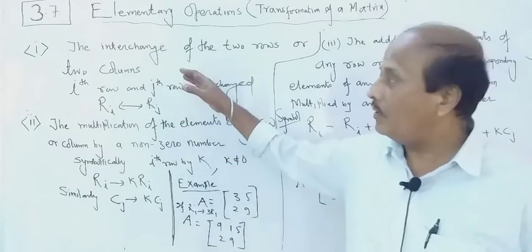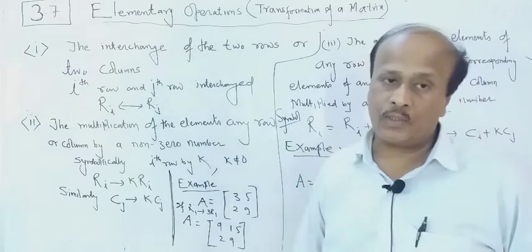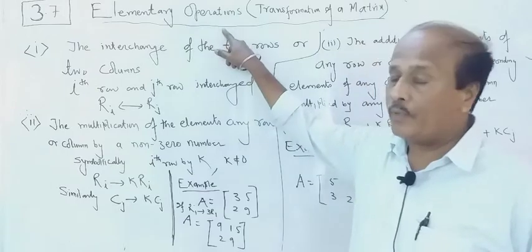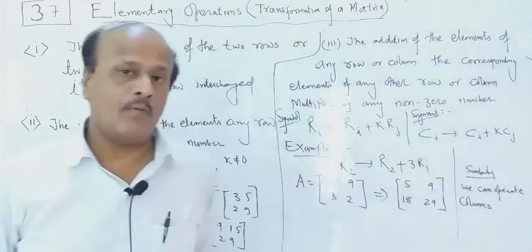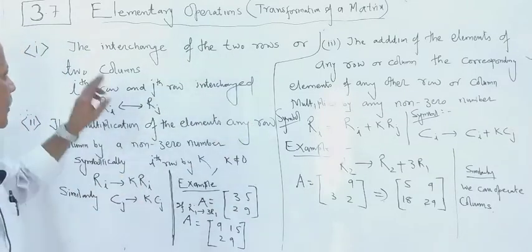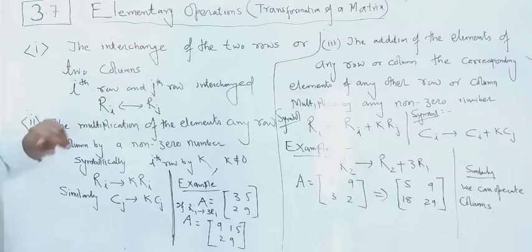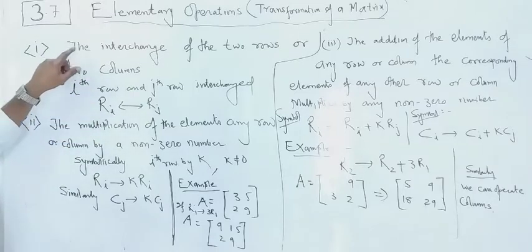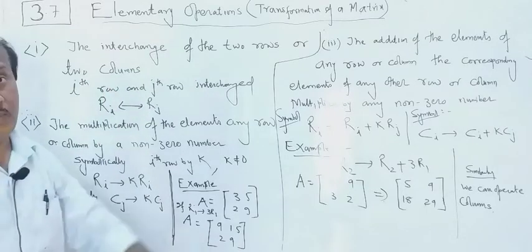So one by one. The heading is article 3.7, elementary operations or transformation of a matrix. You can transform one matrix into another by some elementary operations. One of the operations is operation number 1 according to the book. The statement is given: the interchange of 2 rows or 2 columns can be done.